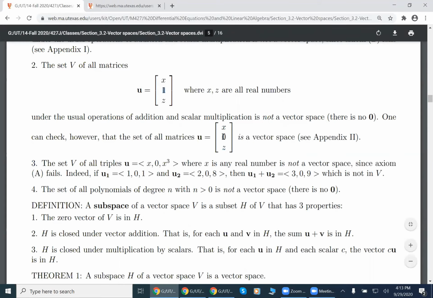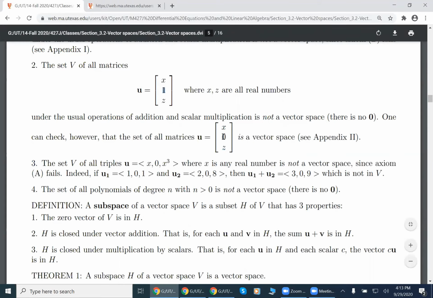Since H is a subset of a vector space, this guarantees that elements of H satisfy a bunch of properties from the list. Elements of H commute, elements of H enjoy associativity, elements of H satisfy all these properties because H is a subset of a vector space.